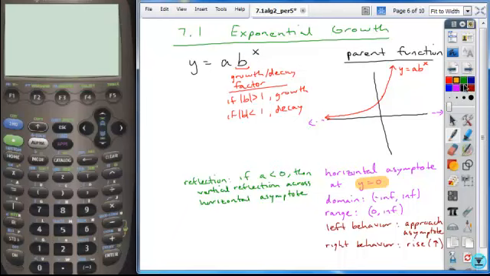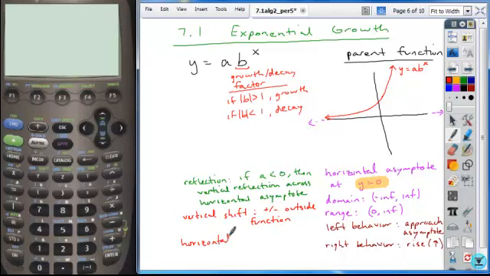Now there are two other things that you may see, and those are vertical shift and horizontal shift. If there's adding or subtracting that happens outside the function, meaning a +3 or a +2 or a -6 not within the power, then you're looking at shifting up or down, just like with all our other transformations.